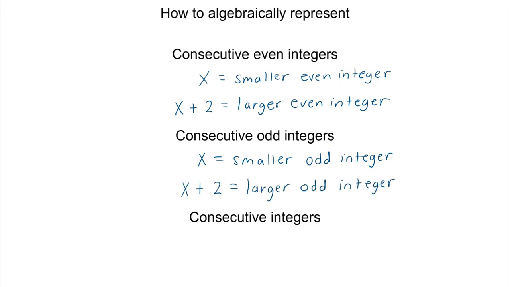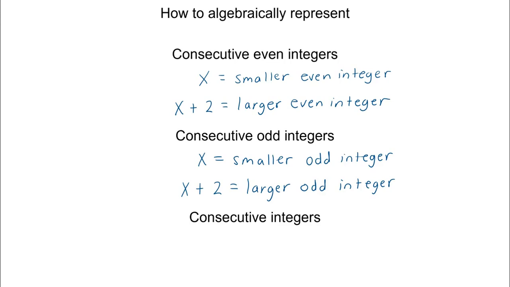Because odd integers are 2 units apart on the number line, we'll let x plus 2 represent our larger odd integer. So yes, we represent consecutive even integers and consecutive odd integers the very same way, because even integers are 2 units apart on the number line, and odd integers are 2 units apart on the number line.